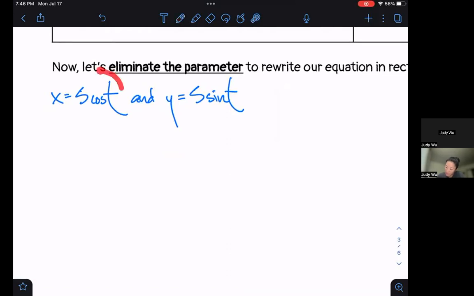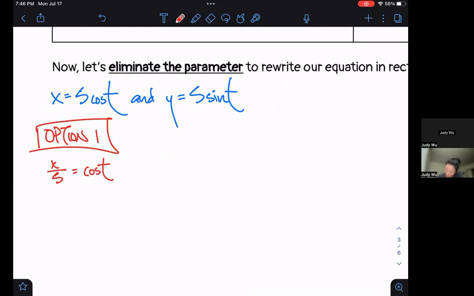Let's say I solve for t here. So option 1. If I solve for t here, I get x over 5 equals cosine t, and then I get that t equals the inverse cosine of x over 5.